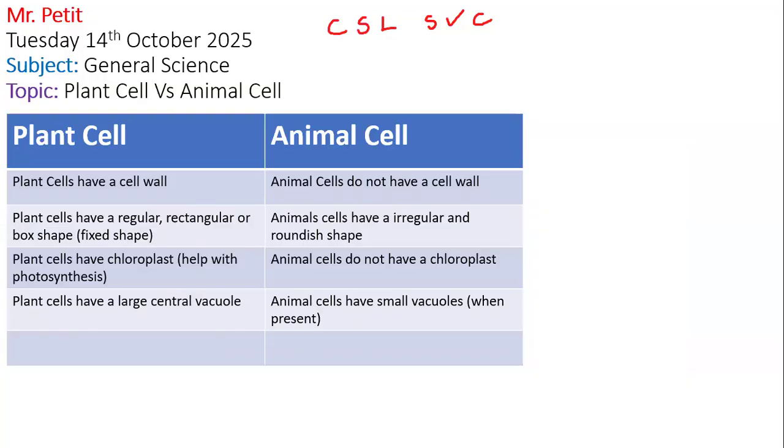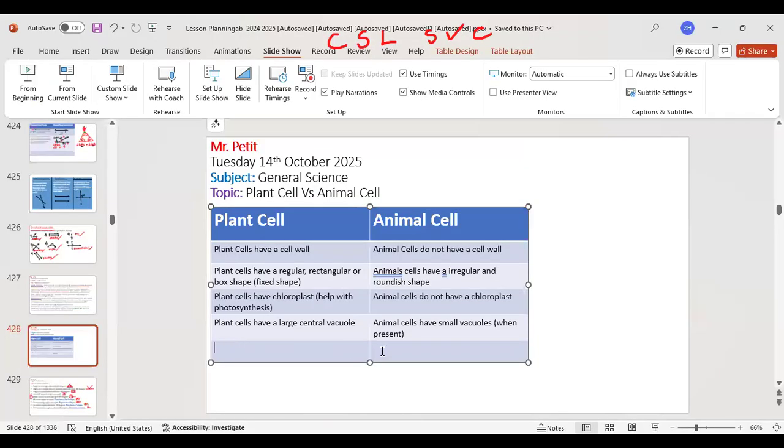All right. So we talked about the cell wall. We talked about the shape. We talked about the chloroplast. We talked about the vacuole. We could talk about the fact that plant cells do not have centrioles. Right? Animal cells do have centrioles. What's a centriole?